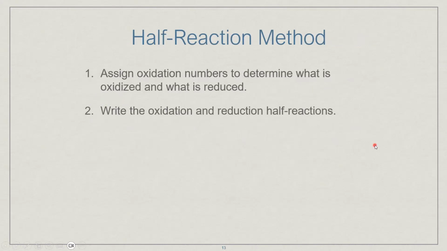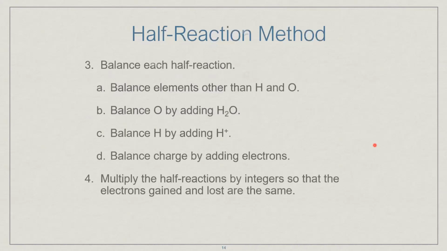And when we're doing that, we're just assigning the oxidation numbers so we can see what's being oxidized, what's being reduced, and then we'll write a half reaction for each of those where we only focus on oxidation for the oxidation half reaction. We're only focusing on the reduction for the reduction half reaction.